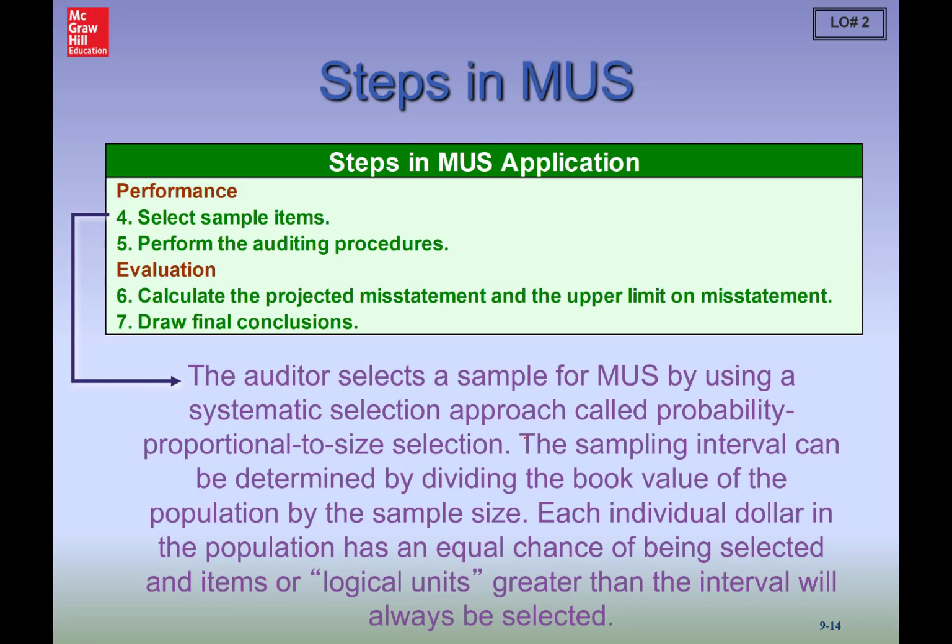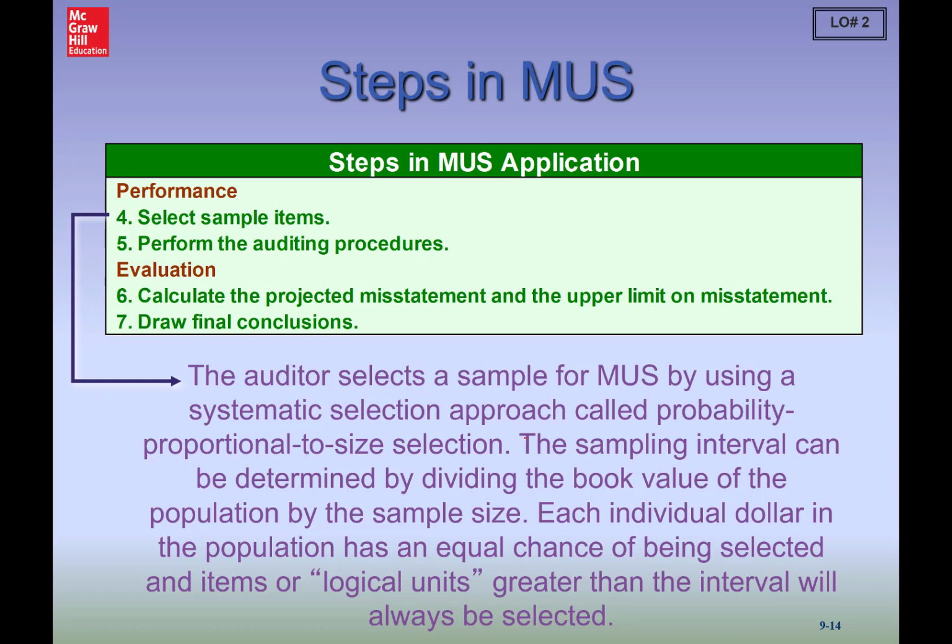Okay, good. So now we go ahead and select the sample items, and we're going to select the MUS sample, called probability proportional to size, or dollar unit sampling. They can't seem to make up their mind what to call it because these are all synonymous terms.